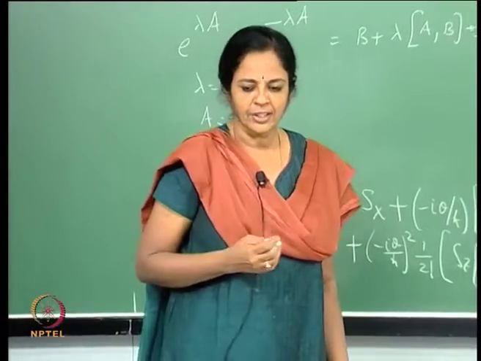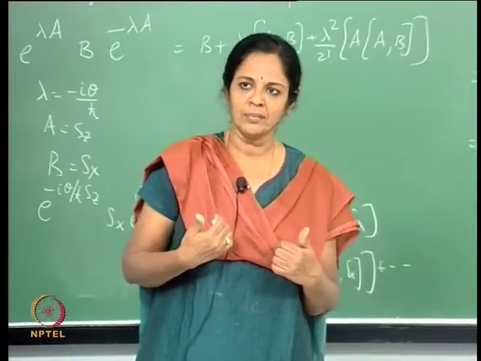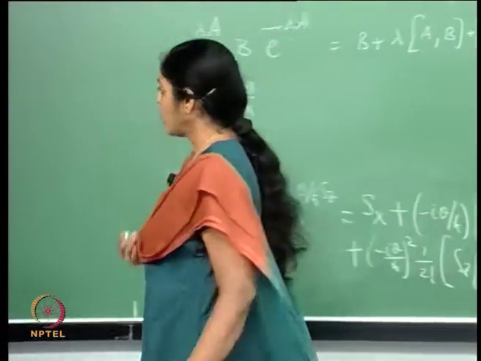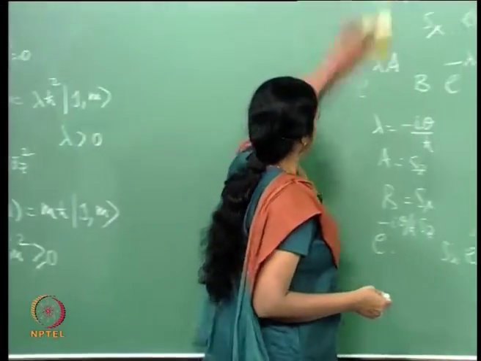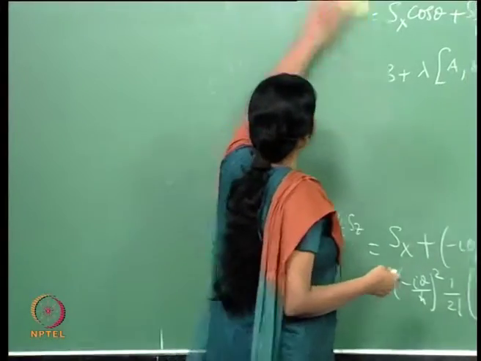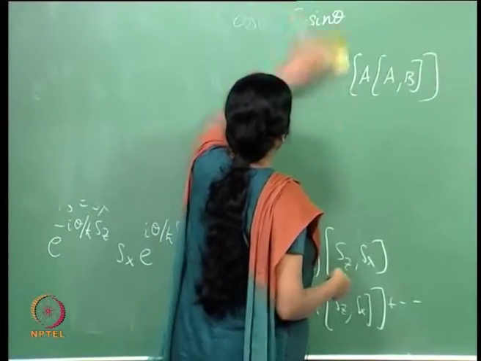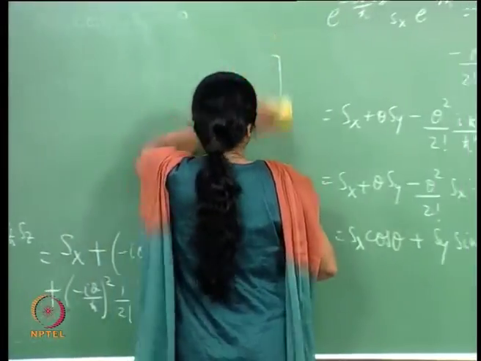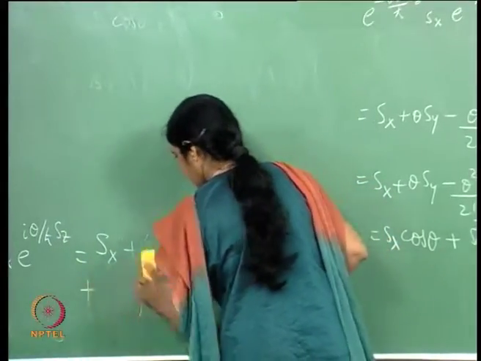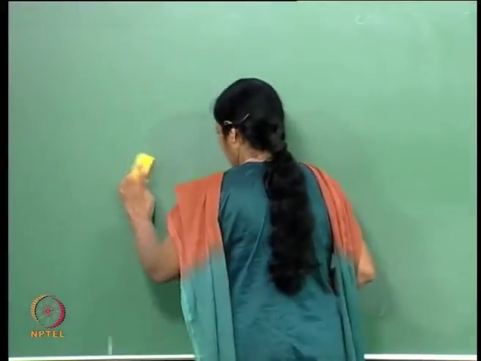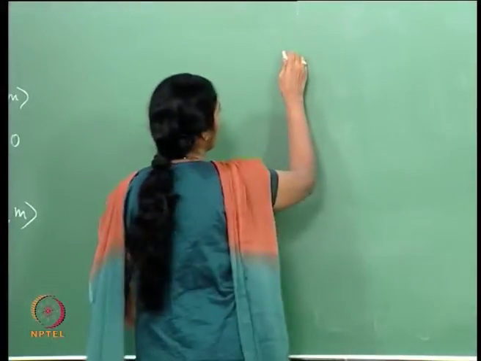You will recall that when we did the 2-level atom problem, we had 2 eigenstates of spin. I labeled them ket s, m and ket s, minus m in the following sense.